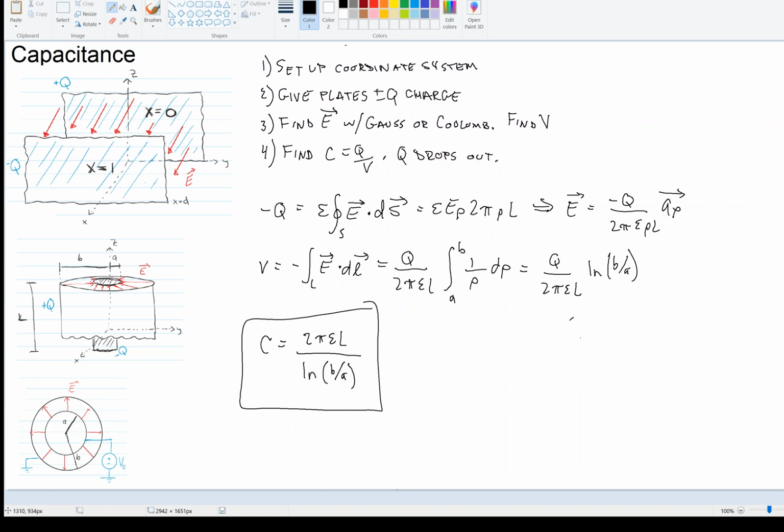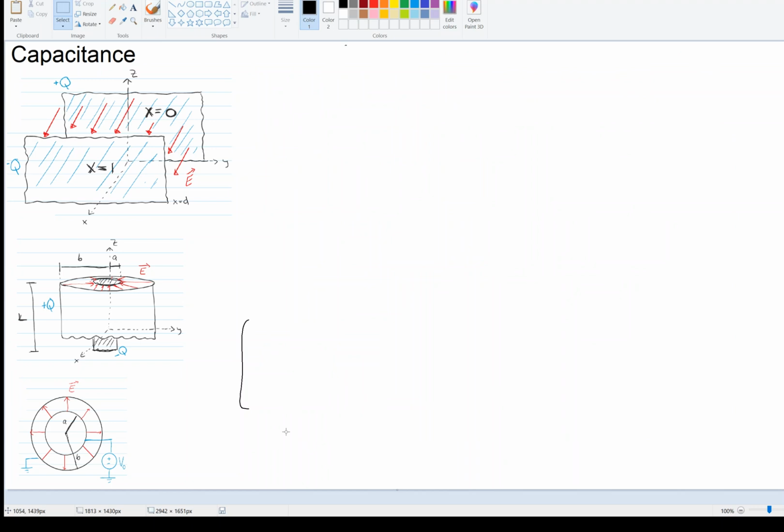I'm going to assume V and find Q just to give you a second way of doing this. So I'm going to erase what I've done here, and we're going to look at the third picture. We're going to try to find the capacitance of two spherical conducting shells with inner radius A and outer radius B.